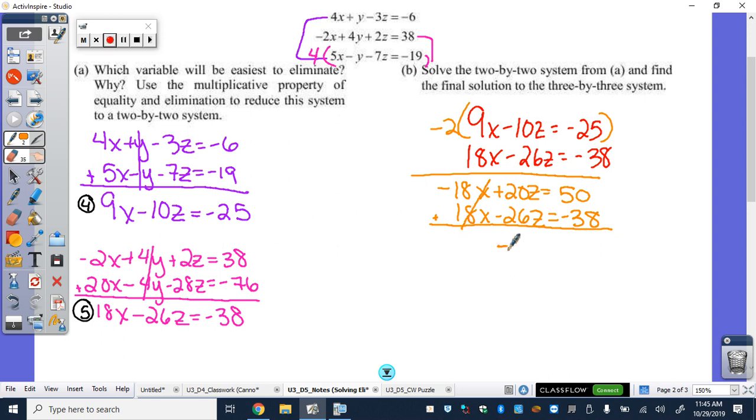So x's cancel, I get negative 6z equals 12. So what does z equal? -2.